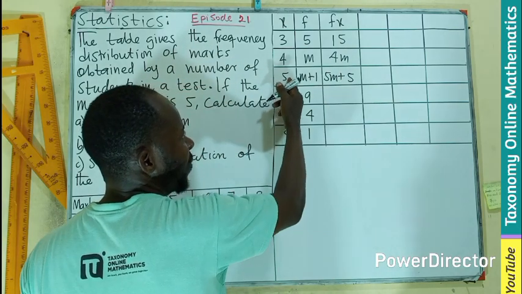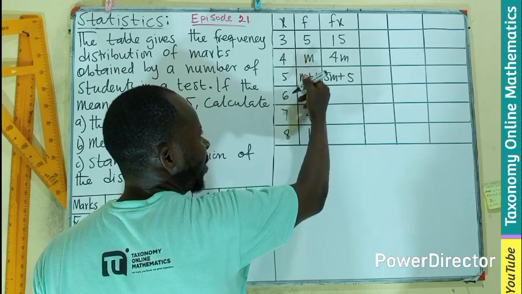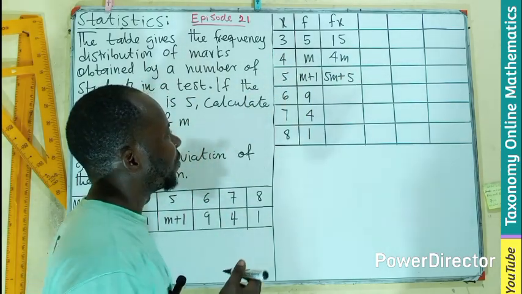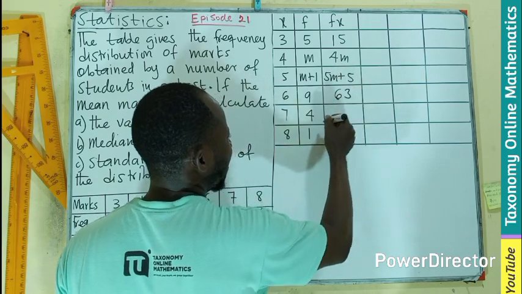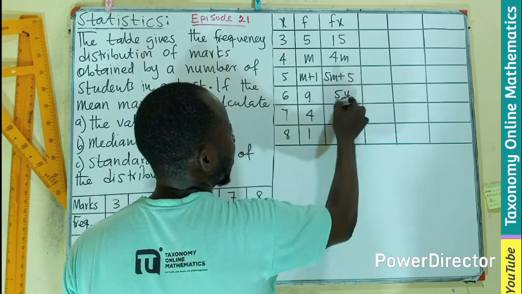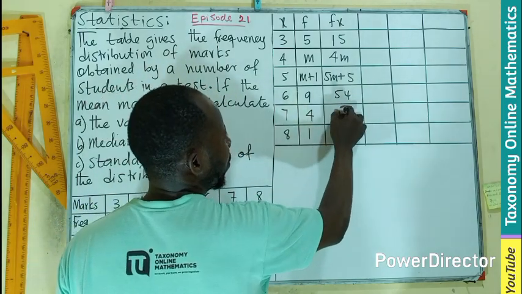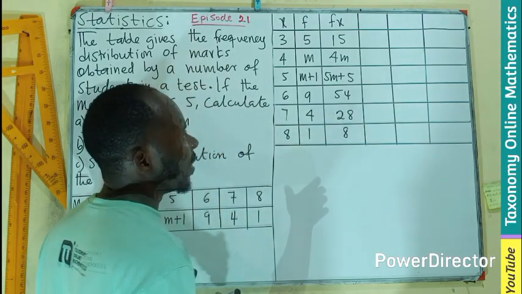If you multiply 5 by this alone, leaving the 1, you will not get it. So it should be this in bracket multiplied by 5. Then 6, 9 against 63. No, 54, right? Then 7, 4, 28. 1, 8 is 8.